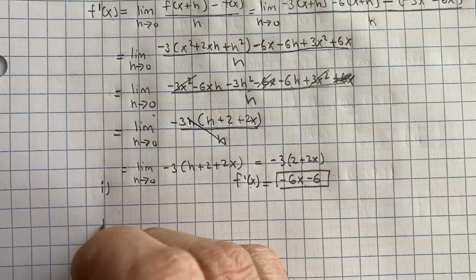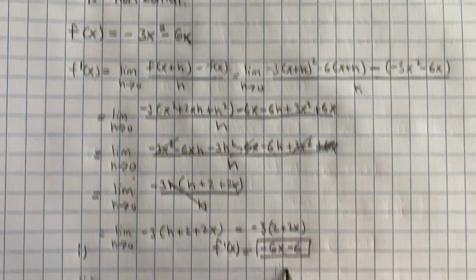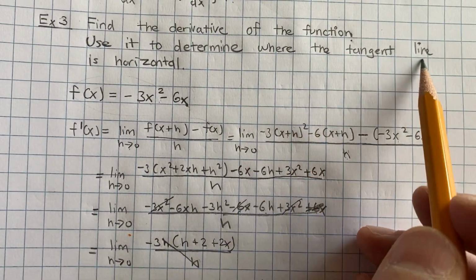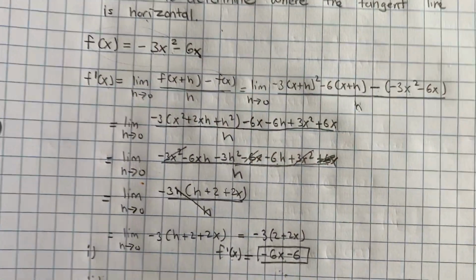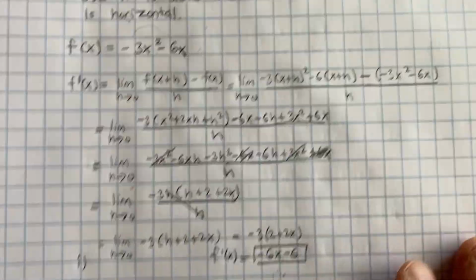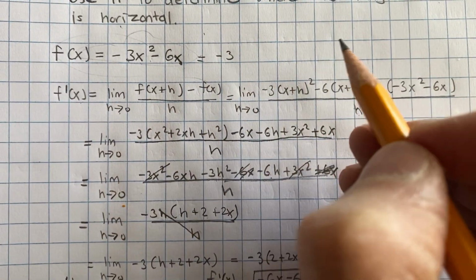And then for part 2, the question is asking, use this equation of the tangent line, or my first derivative, to find where the tangent line is horizontal. Now, where is the tangent line horizontal? So it'd be helpful to do a quick sketch of this graph, right? You don't have to be super precise in finding the vertex.